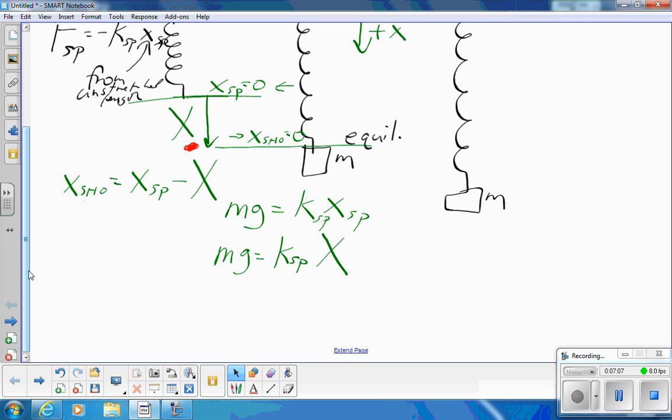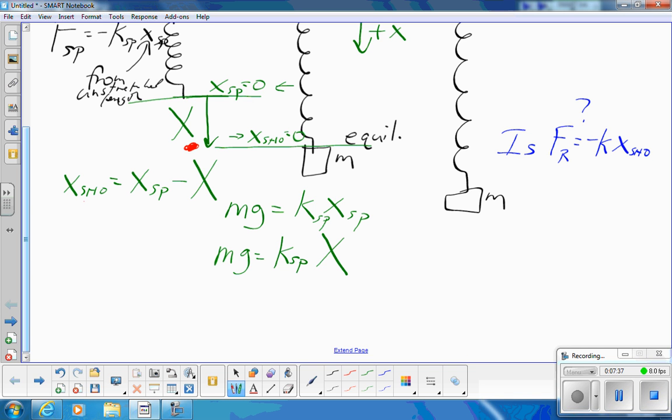And so I'm going to be using that in a second. Now let's go over here and examine the forces on this mass when it's oscillating. In the third position over here, we want to find out, is this the SHO? Is there a restoring force which is in direct proportion to the displacement, this is x_SHO, from the equilibrium position? Is this true?